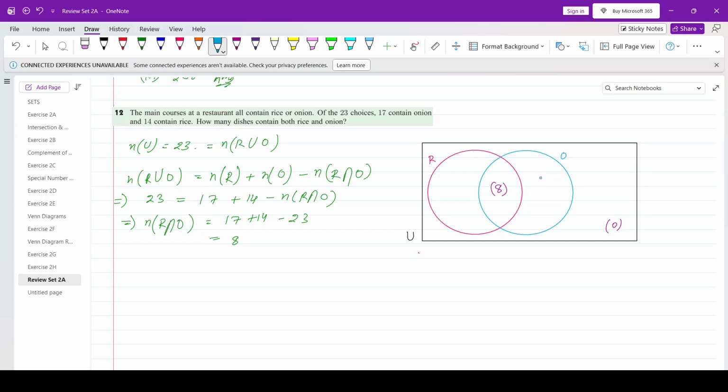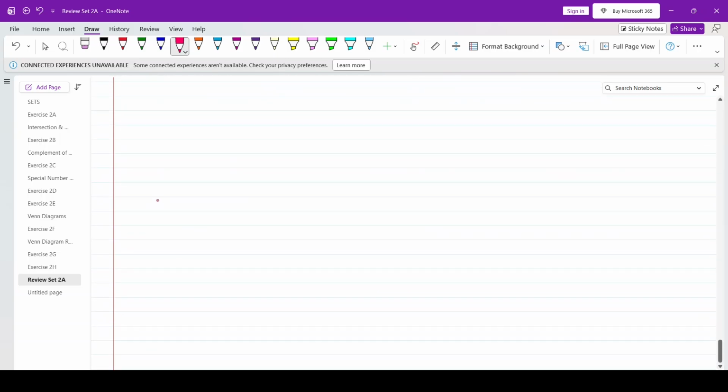So this is going to be 9. And 14 contain rice, out of which 8 we have already written. So this is going to be 6. How many dishes contain both rice and onion? So the answer is going to be 8. Let's go to the next question.